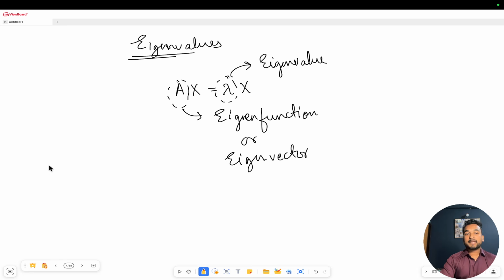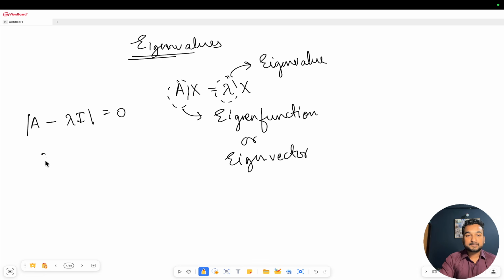Now how do you calculate this eigenvalue? To calculate the eigenvalue of a given matrix A, just subtract lambda I from it and take its determinant equal to 0. By solving the equation which you get from this determinant, you will get the eigenvalues.